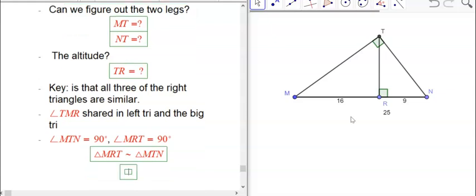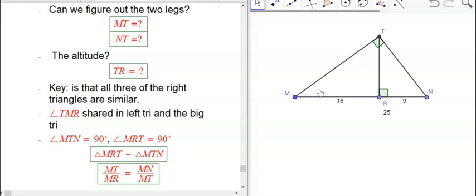So we get that MT, that's one of the things we want to find out. MT, that's the hypotenuse of the left-hand triangle, over MR, is going to be the hypotenuse of the big triangle over MT again. So this is the cool thing, that MT has a dual role here.